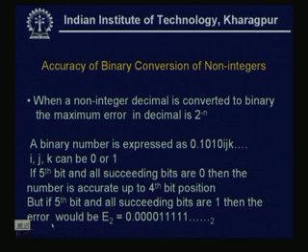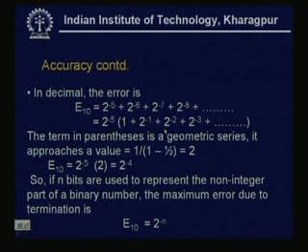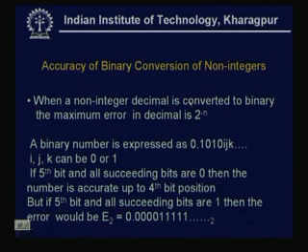Now, we see how we have approximated this. In decimal the error is E10. How it comes is 2 to the power minus 5, 2 to the power minus 6, 2 to the power minus 7 plus 2 to the power minus 8. We see the previous slide again.